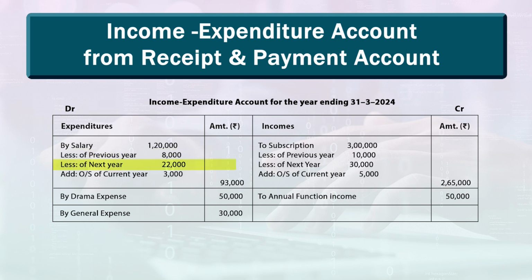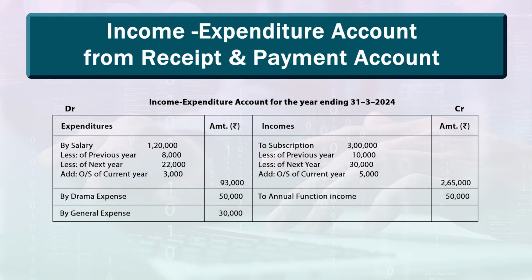From it, we deduct the next year's salary of rupees 22,000. In it, we will add the outstanding salary of current year of rupees 3,000. The amount recorded for salaries is 93,000. Then there is drama expense of rupees 50,000. After that, there is general expense of rupees 30,000.